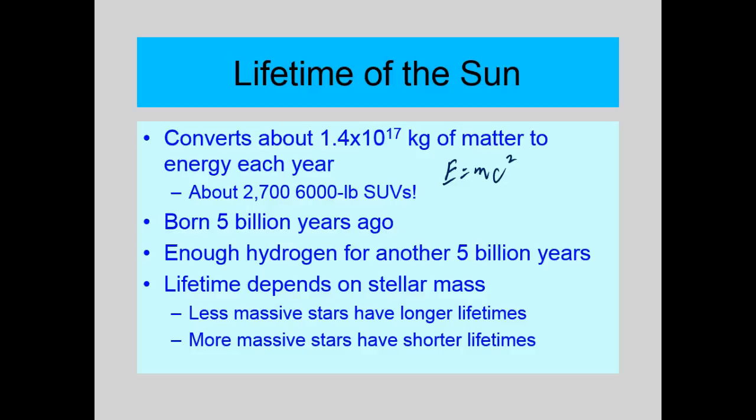Our best guess, astronomers' best guess, is that our sun was born, that went through that process we talked about before, about 5 billion years ago. It's a long time. Enough hydrogen is left in our sun for about another 5 billion years. So not only is our sun an average star, we're right in the middle of its lifespan. Right smack in the middle.